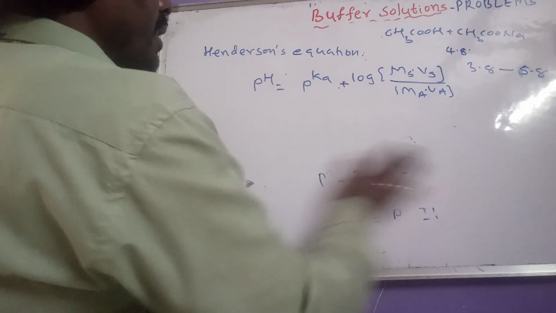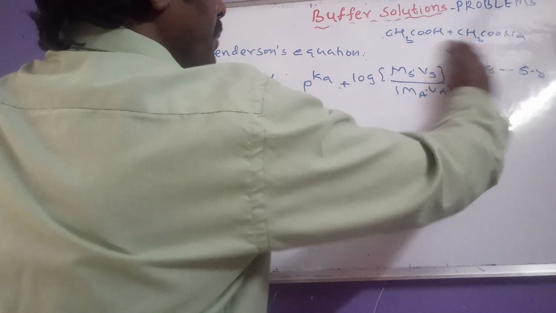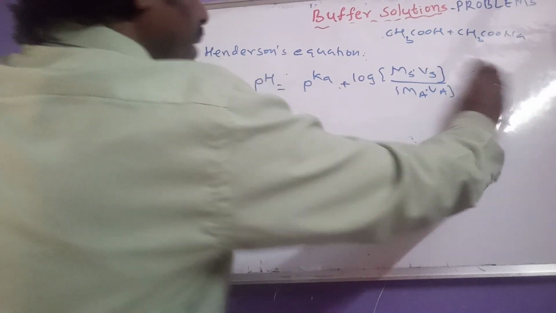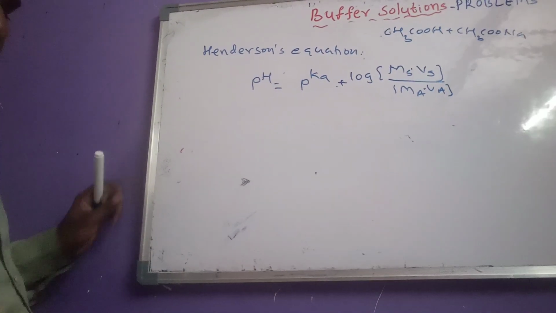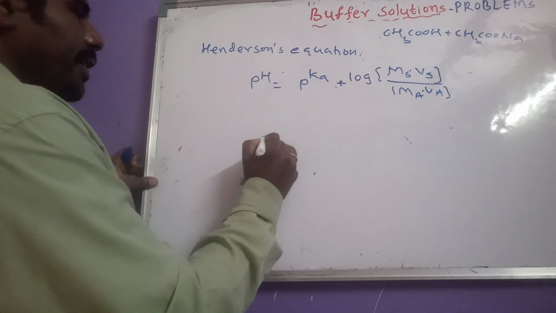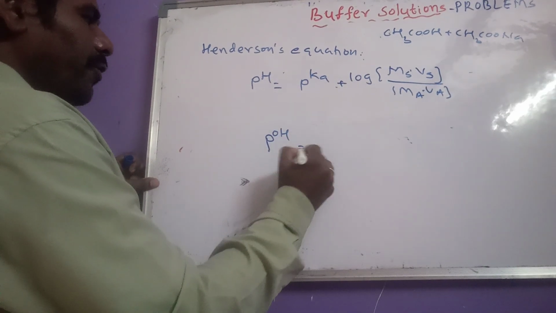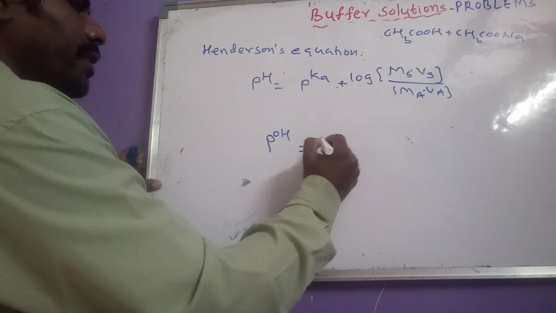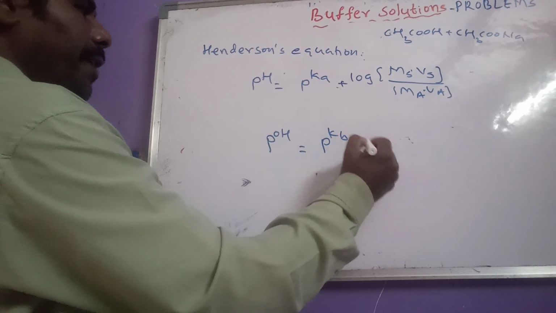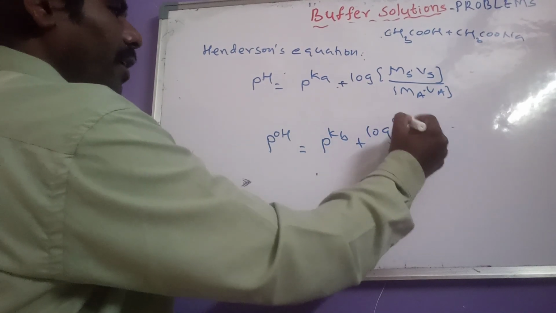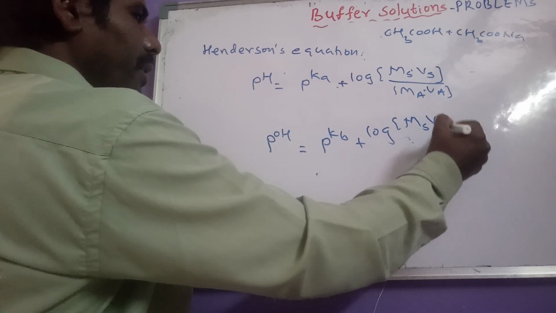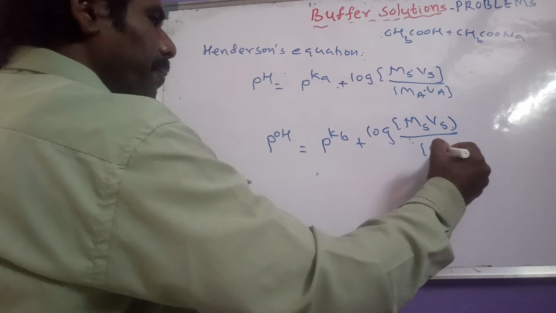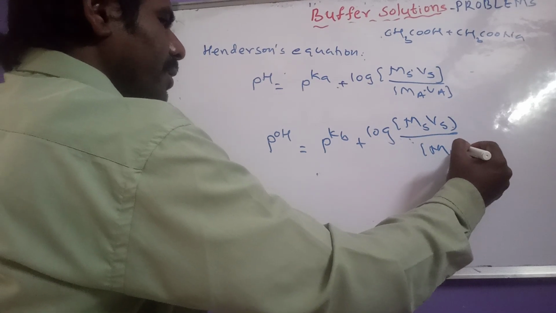Now let us see some questions based on these. Of course, this is for an acidic buffer. For a basic buffer, we have to first calculate pOH. pOH equals pKb plus log of salt number of moles by base number of moles.